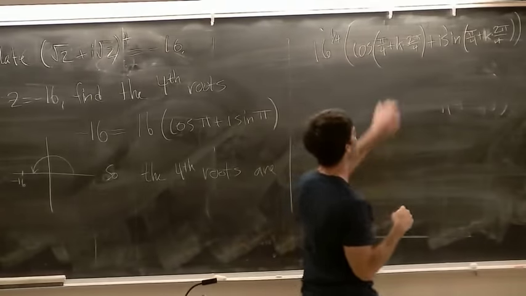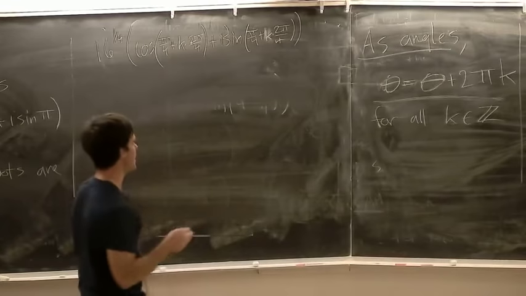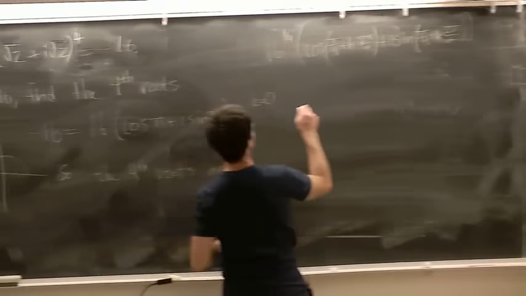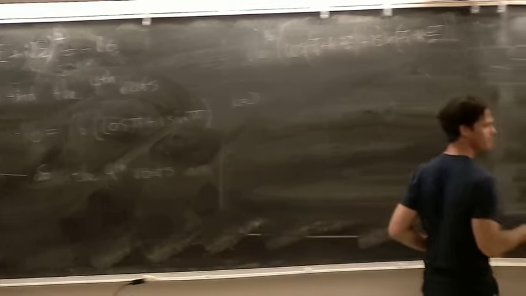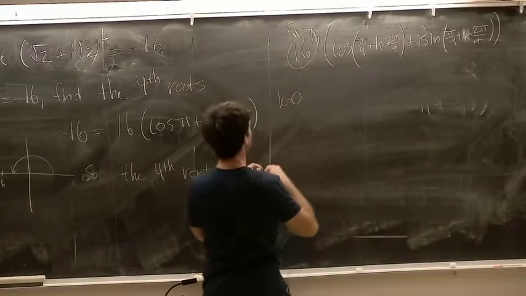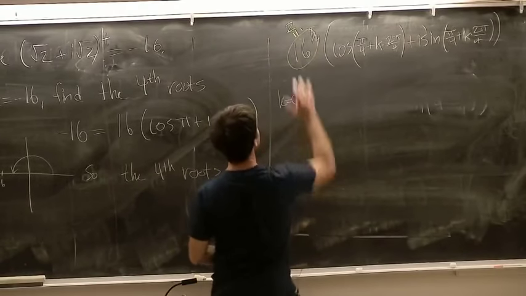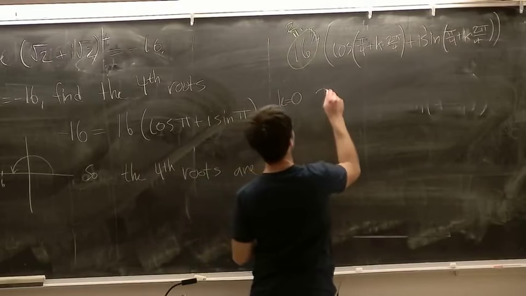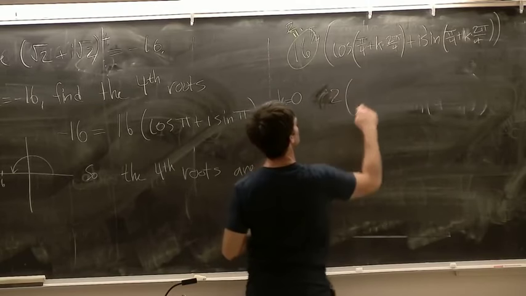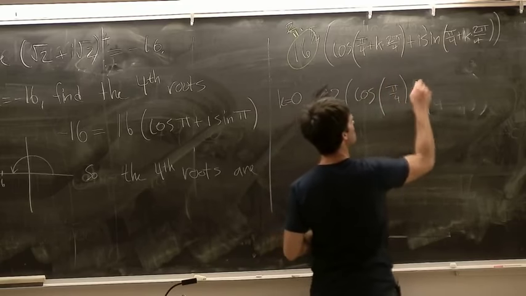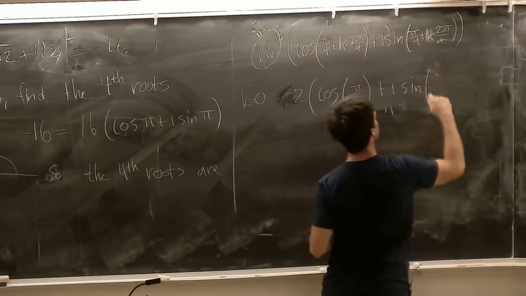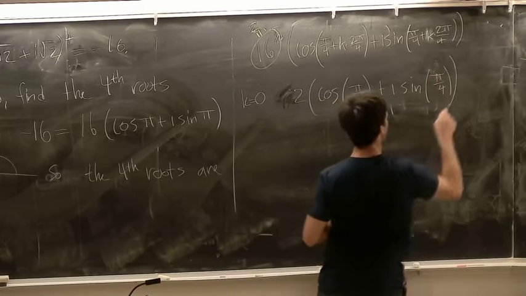So here, let's write them down for the different values of k. If k is 0, then I get (16 to the 1/4, by the way, is 2) 2 times cos of pi over 4 plus I sine pi over 4.